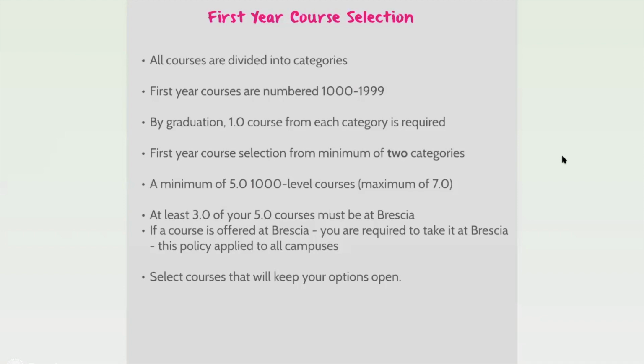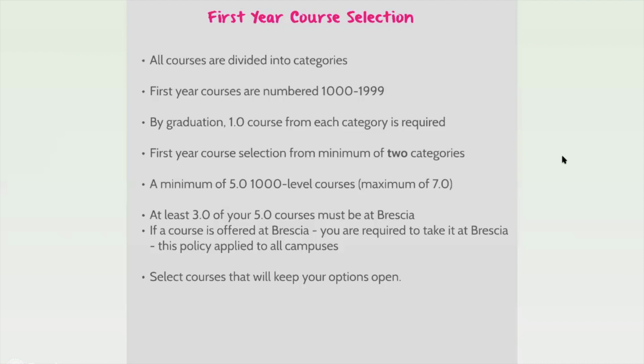Every year, at least 3 of your 5 courses must be at Brescia, and we call that your residency requirements as an affiliate student. The other part of that residency requirement is the policy for courses that are offered at your home campus. So for example, if there's a course that's offered at Brescia and somewhere else, you would be required to take it at Brescia.